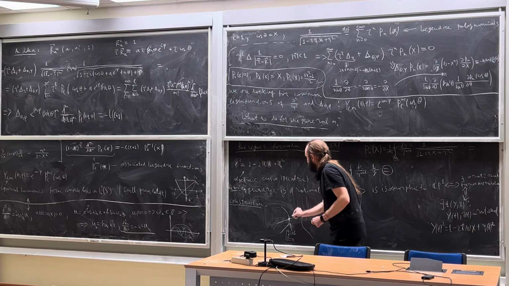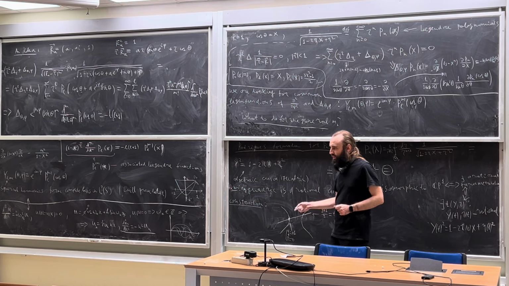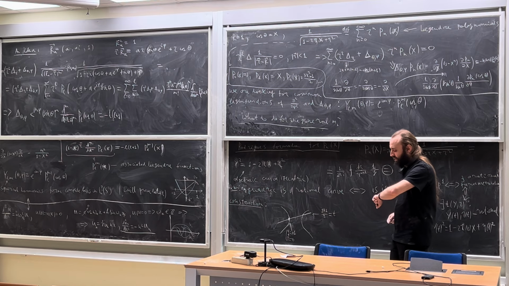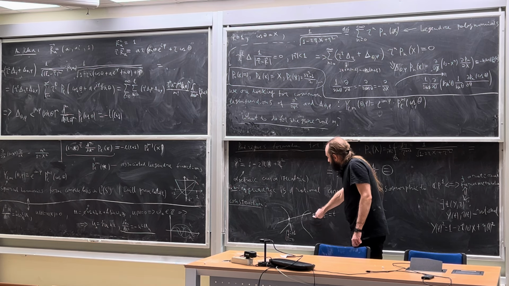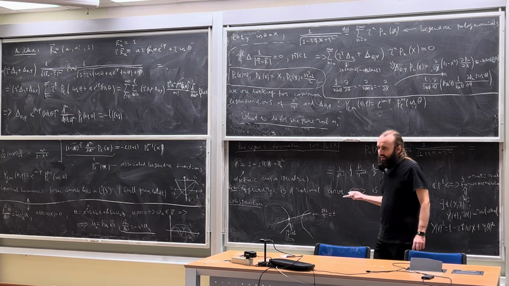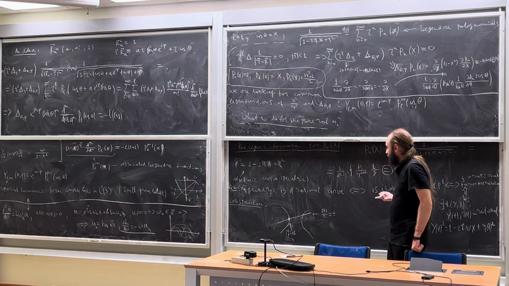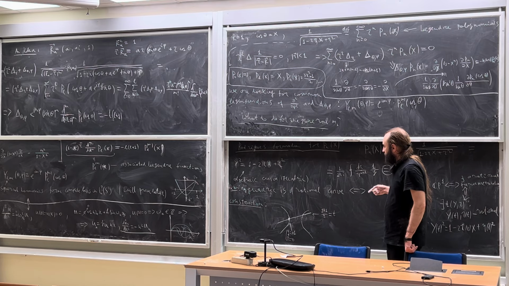So all such lines pass through the same point, but with a different slope. So the question to you, how many other intersection points do we have?